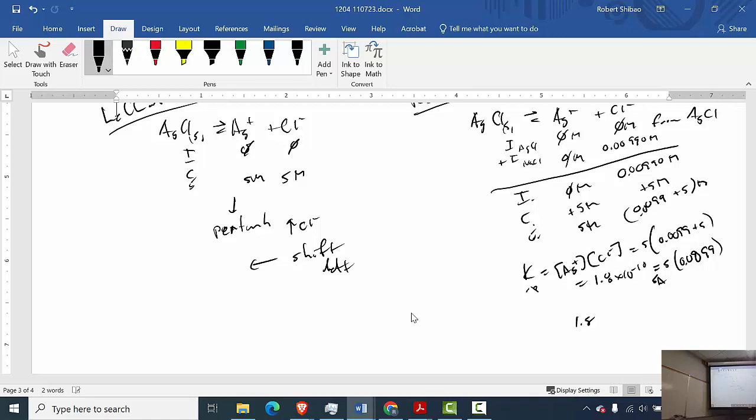So the percent change is going to be about 10 to the minus 8. So we're okay, and so the simplifying assumption did indeed work.